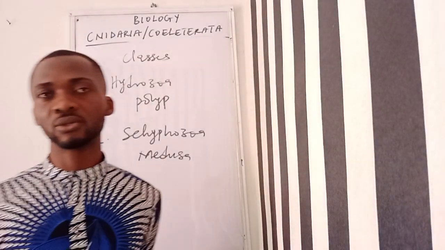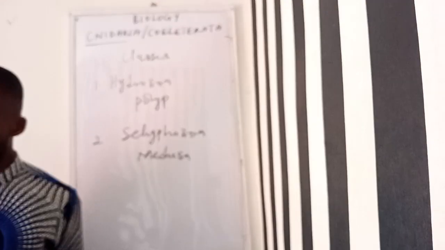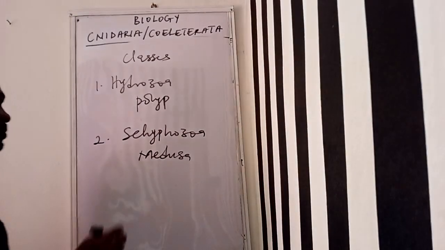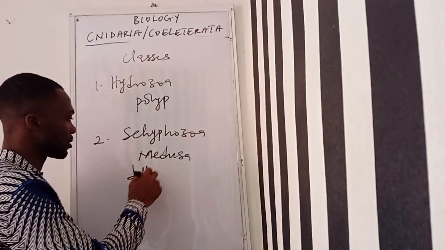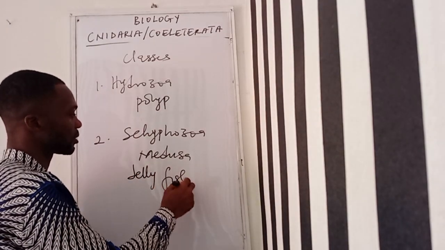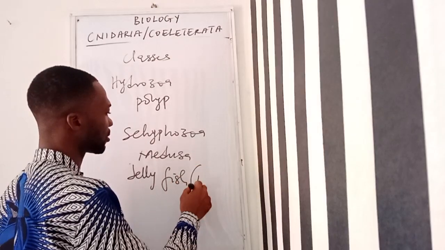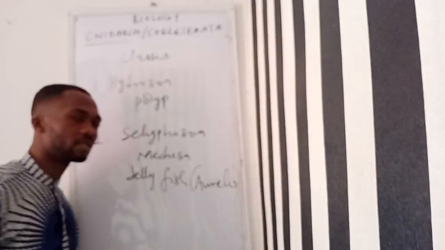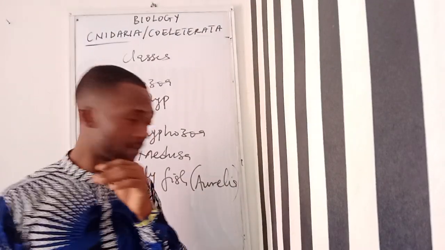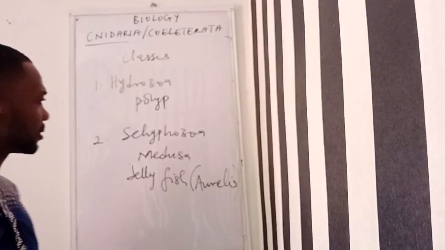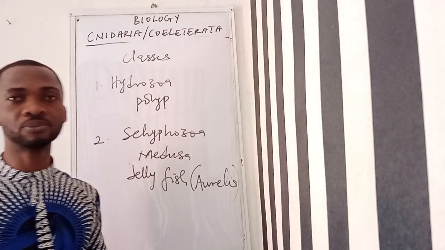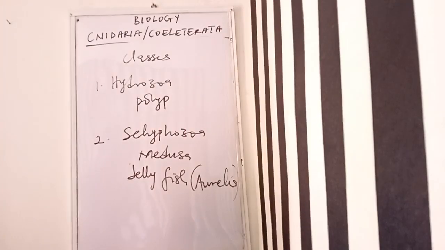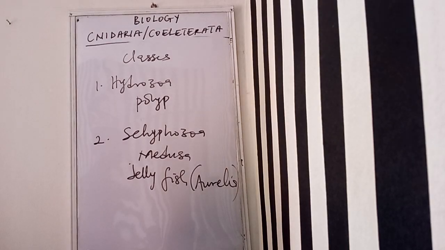This is where you see the jellyfish, in particular the one called the aurelia. And like I've explained before, they are basically marine organisms.